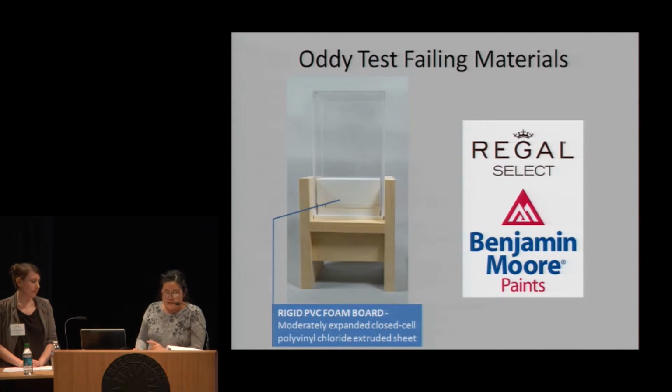The first major interior case material that failed our retesting is moderately expanded closed-cell PVC foam board, commonly referred to by a popular brand name, Sintra. Not all expanded PVC foam board is Sintra, so I'm going to specifically refer to it as PVC foam board, and I'm only going to say Sintra if I'm talking specifically about Sintra brand.